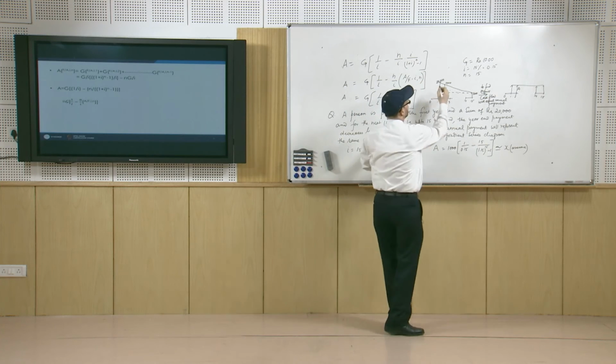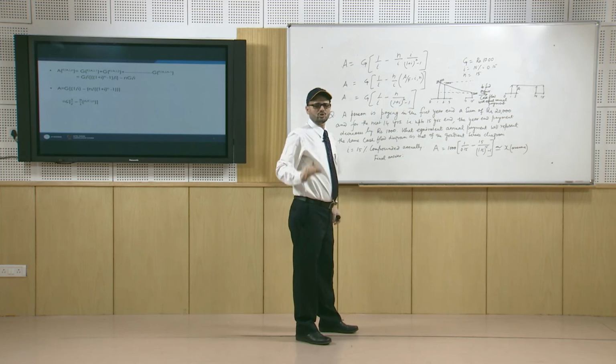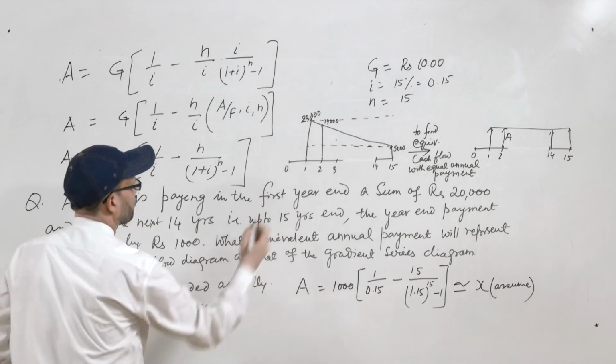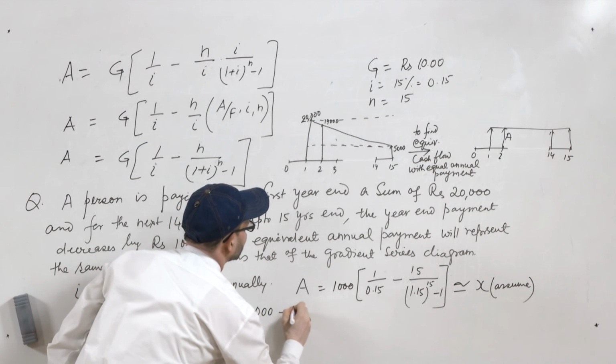This x amount will be basically deducted from this 20,000. So your final answer will be 20,000 minus x.